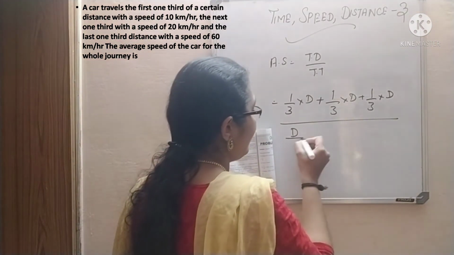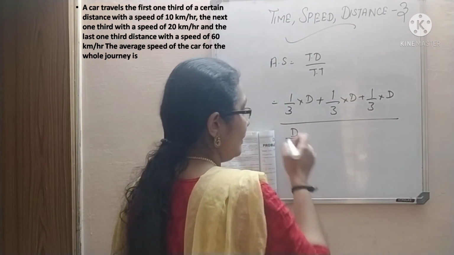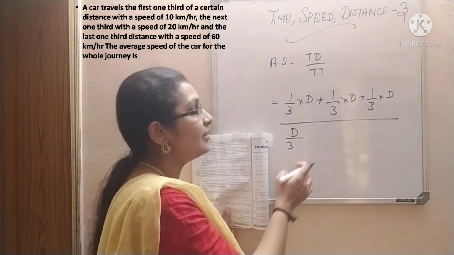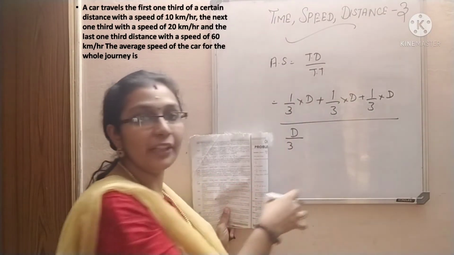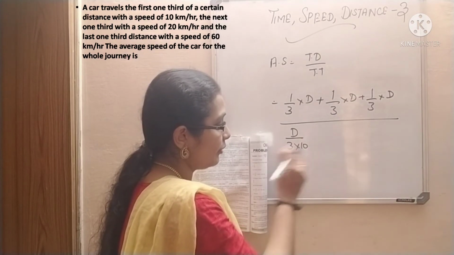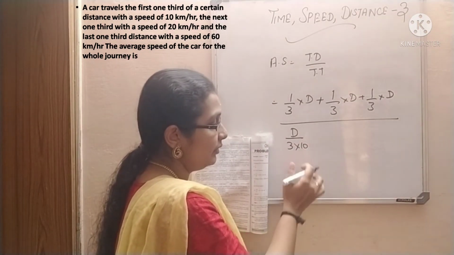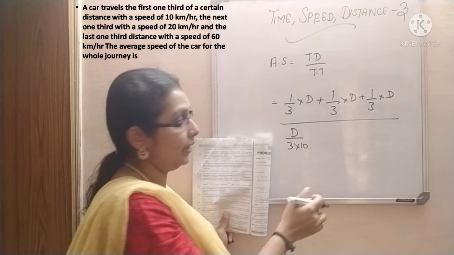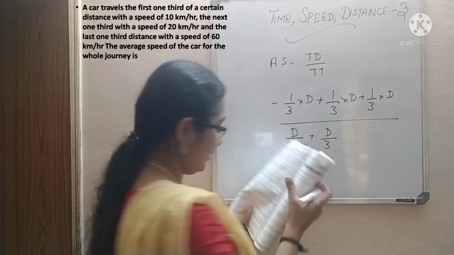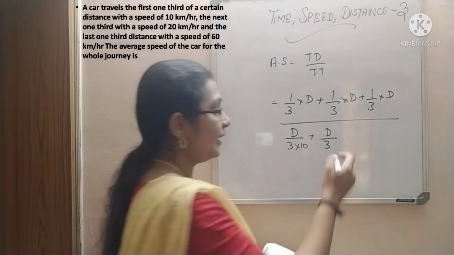So d by 3 is nothing but the first part distance, right? Distance divided by speed will give you your time, right? Here speed is 10 km per hour. So when you divide it by 10, that 10 will come here as denominator, right? Plus the second part of distance he is covering at 20 km per hour.